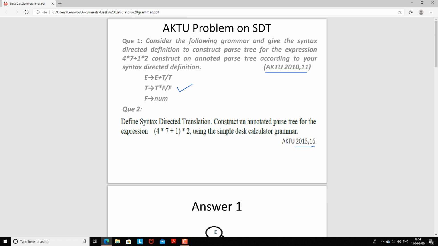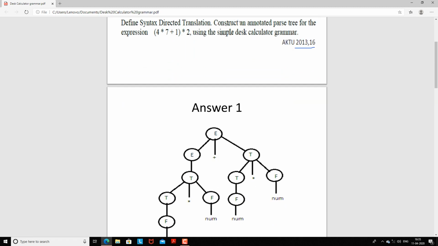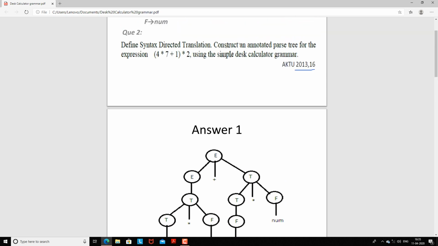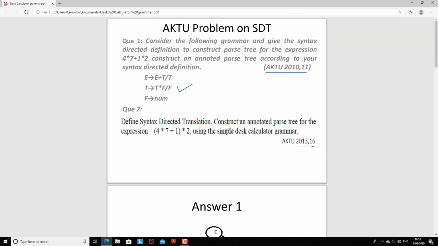So in the first question, the grammar is provided, so our task is to assume any string which is generated by this production. But in my first question the string is already provided, so we don't need to assume the string.